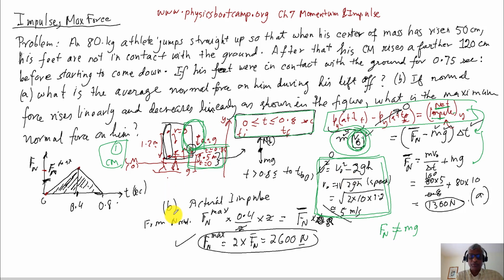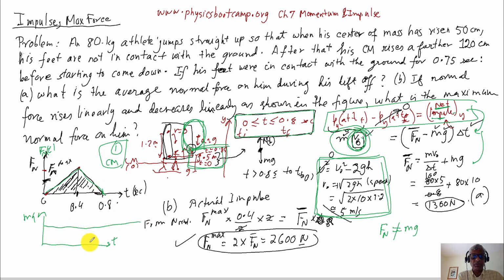And for part B, we used the actual area under the curve for the Fn versus t graph. For gravity, you will see that the mg part is constant.